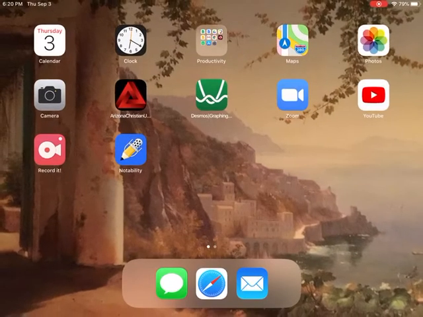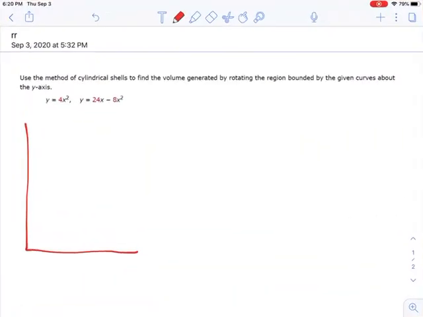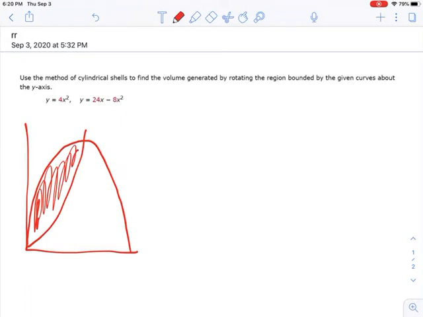So let's draw a little sketch on our paper that would represent this. One of them is kind of going up like this, and the other one is kind of going down like this. And so this appears to be the area that we are interested in.